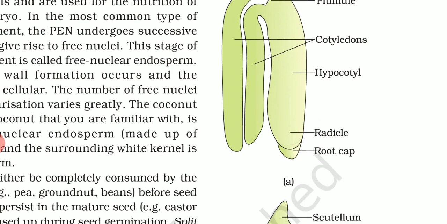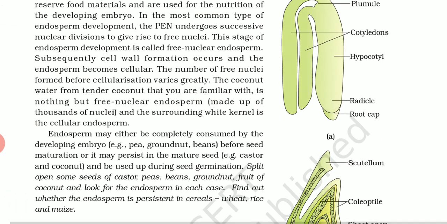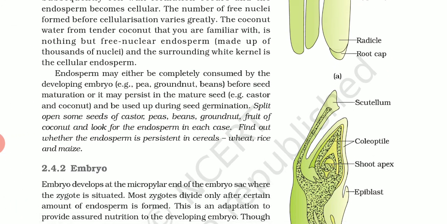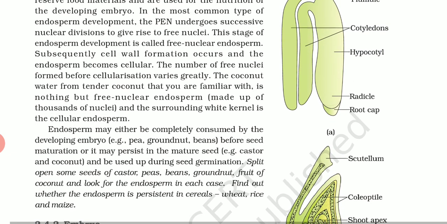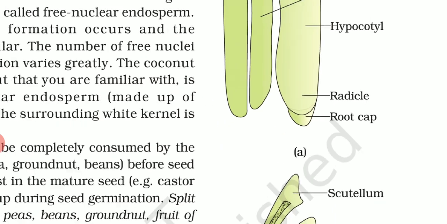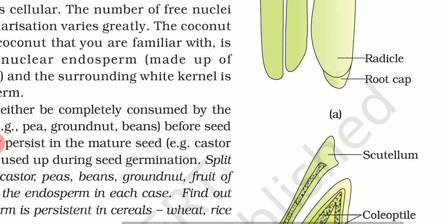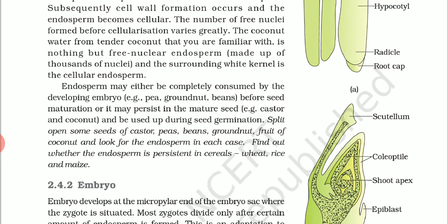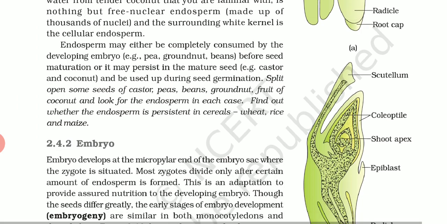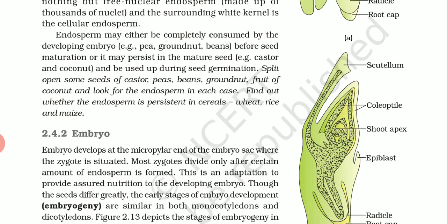And the portion of the embryonal axis just below the attachment of the cotyledons is known as the hypocotyl. What is it called? Hypocotyl, and that usually terminates into a radicle, and the radicle usually gives rise to the root system of the plant, where you can see the root is covered by a root cap which protects the tip of the root, as it has meristematic cells which give rise to the root.